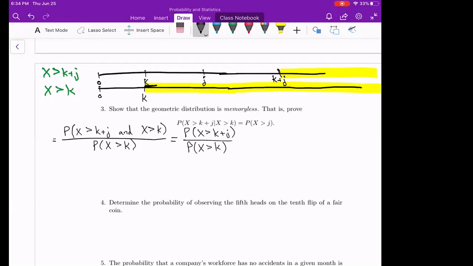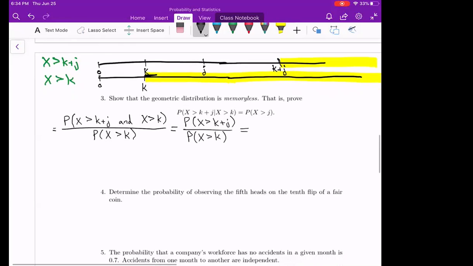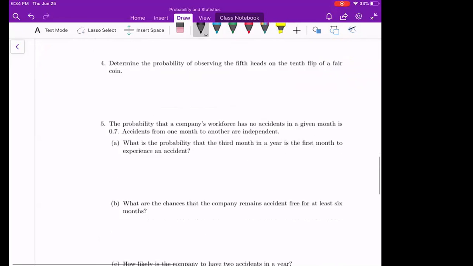It's from here that we actually apply the geometric distribution. So, geometric, you know what, let's actually explore the geometric distribution.